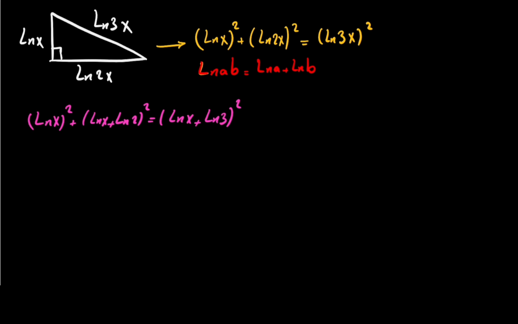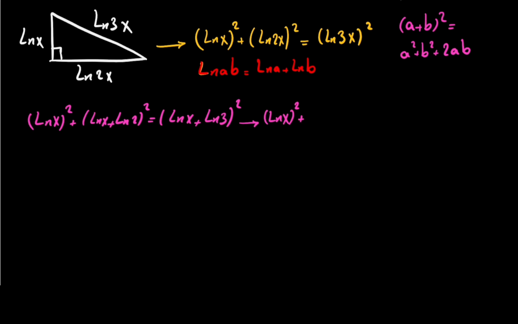And of course, you know that if you have (a plus b)², you can write it as a² plus b² plus 2 times a times b. If you have (a minus b)², the answer will be a² plus b² minus 2 times a times b.